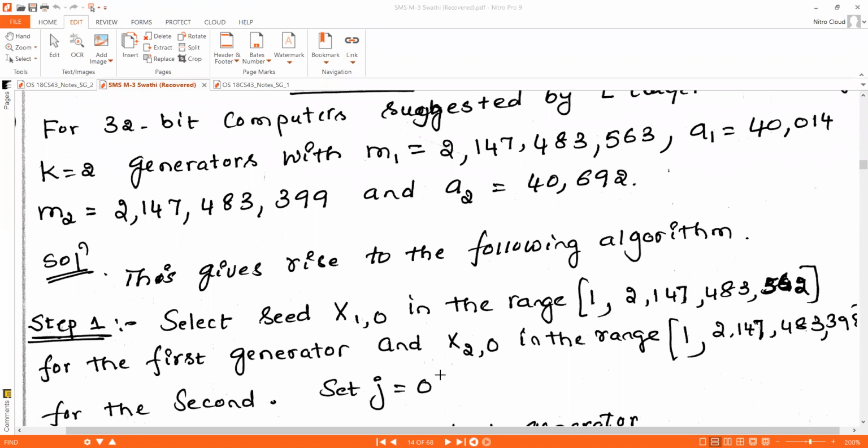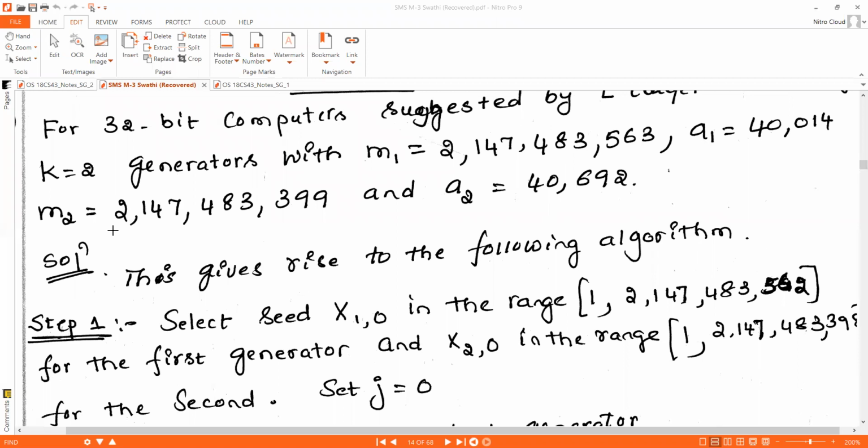Next, for the second generator, the seed value x2,0 should be selected in the range of 1 to m minus 1. Here the m value given in the question is 2,147,483,399.